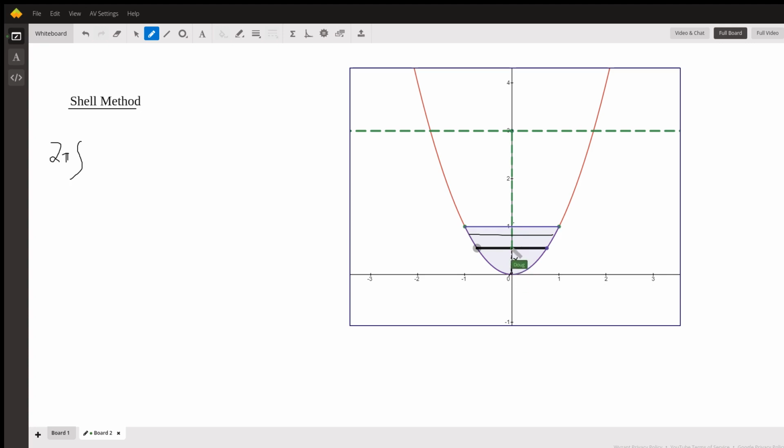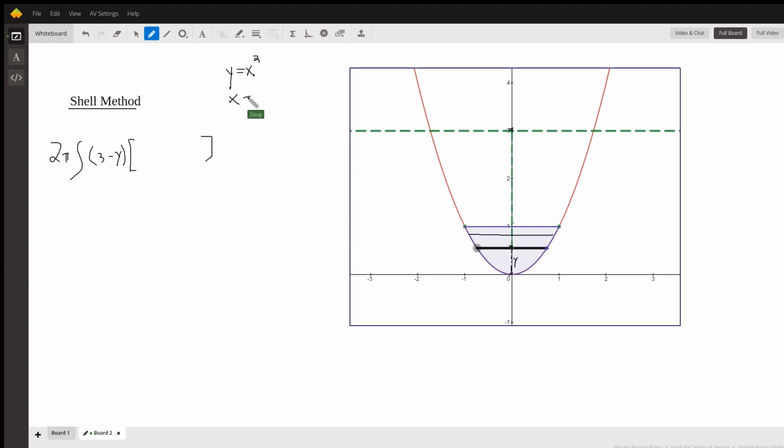Or we could say that the y-coordinate of this point right here is y, and the distance from here to here is 3 minus y. That's the average radius. And we want to multiply that by the height of the shell. Well, we have to solve y equals x squared for x in terms of y.